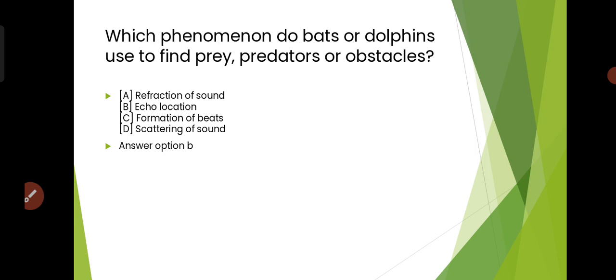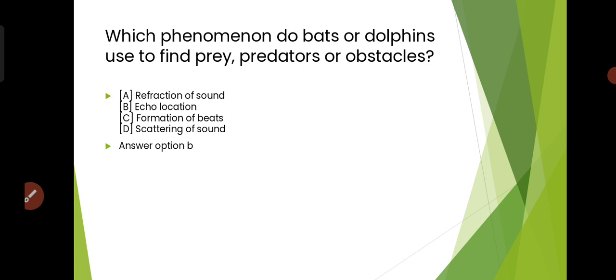Which phenomenon do bats or dolphins use to find prey, predators, or obstacles? Your options are refraction of sound, echolocation, formation of beats, scattering of sounds. So the answer is option B, which is echolocation.